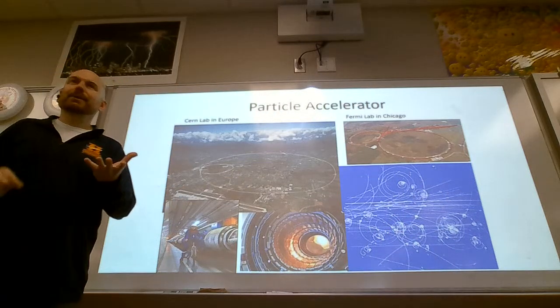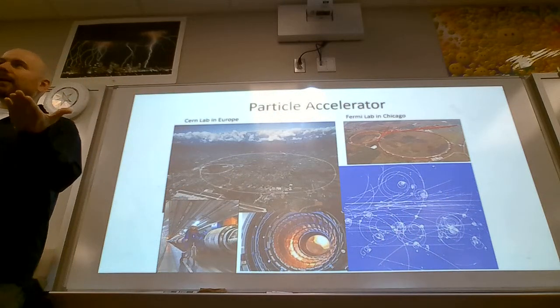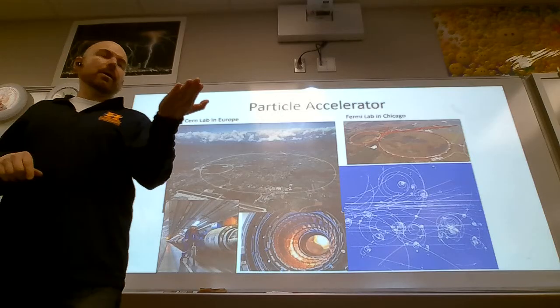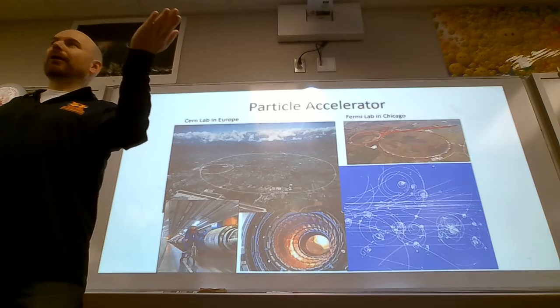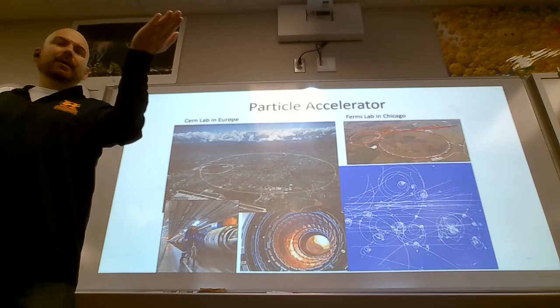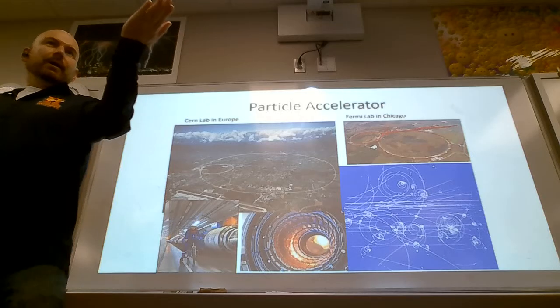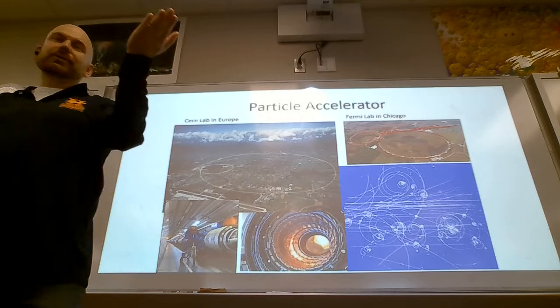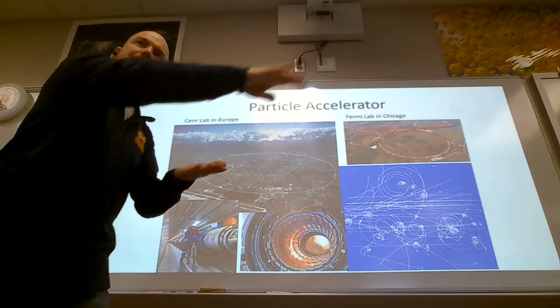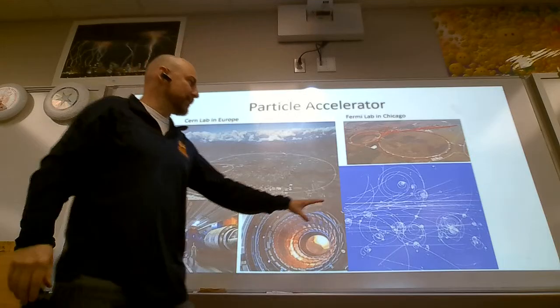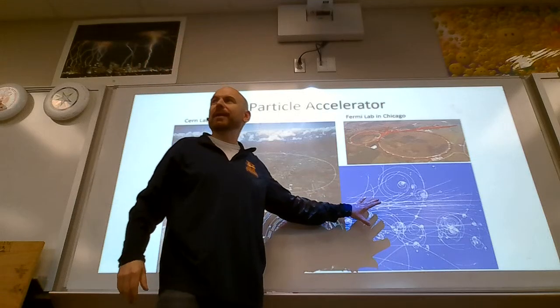So the idea is you get a proton going close to the speed of light, and then you raise a sacrificial target of some element in its way, and then you have that close to speed of light proton just smack this, and you get the wreckage, but you want the wreckage to happen in a magnetic field.